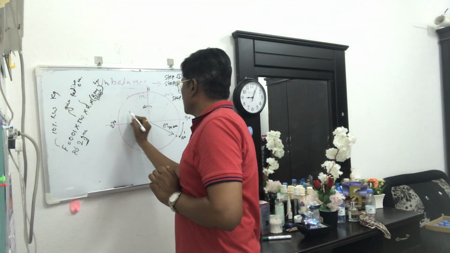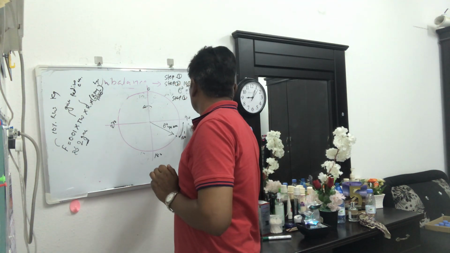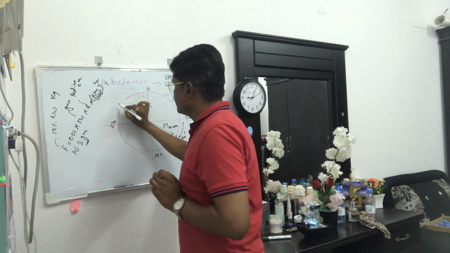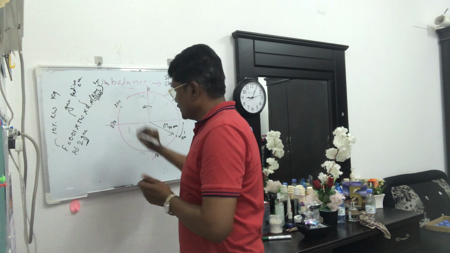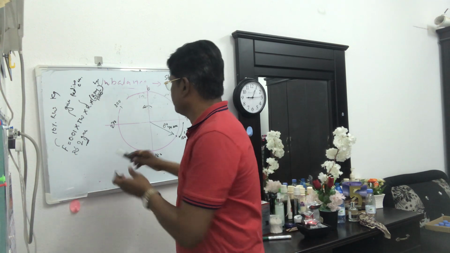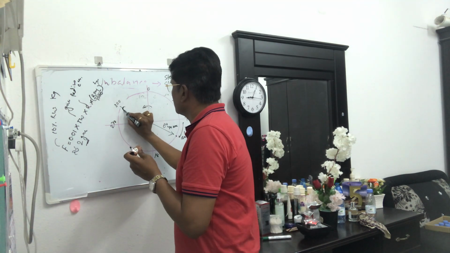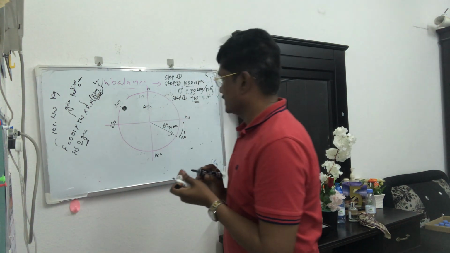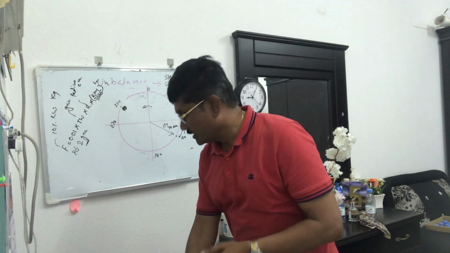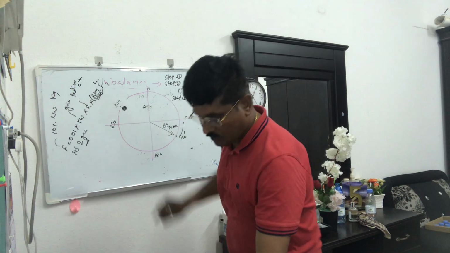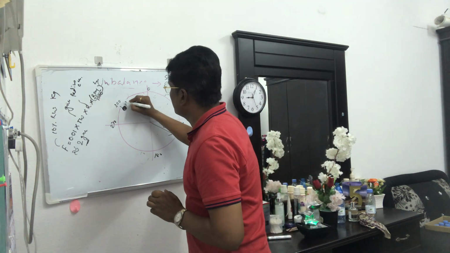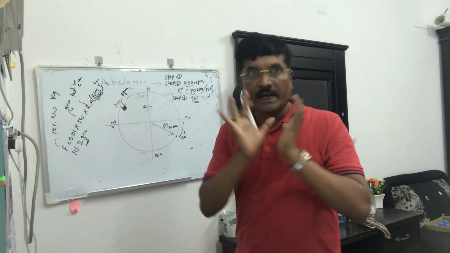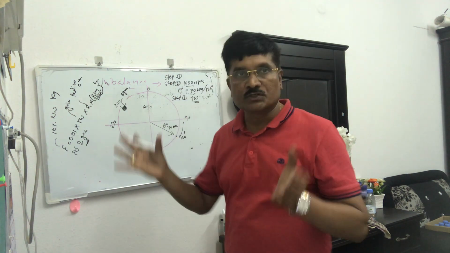So 120 opposite, this is 300. Opposite will become 300. This is our guess, where we have to add this trial weight, about 2 gram. So we get an idea now of where to add and how much to add.